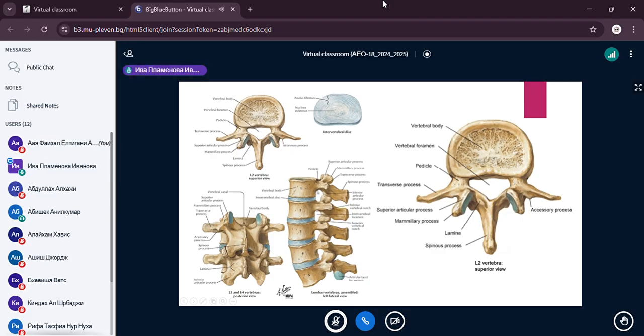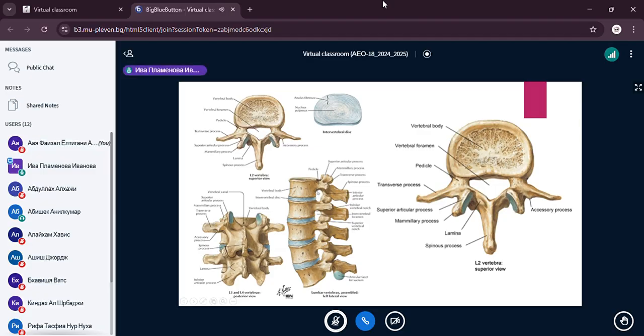We have one inferior on L1, for example, that's the superior one, that's the inferior one, that's the superior notch of L2, and they form what? Incisura vertebralis inferior is this one of L1, incisura vertebralis superior of L2, and between them is the intervertebral foramen.